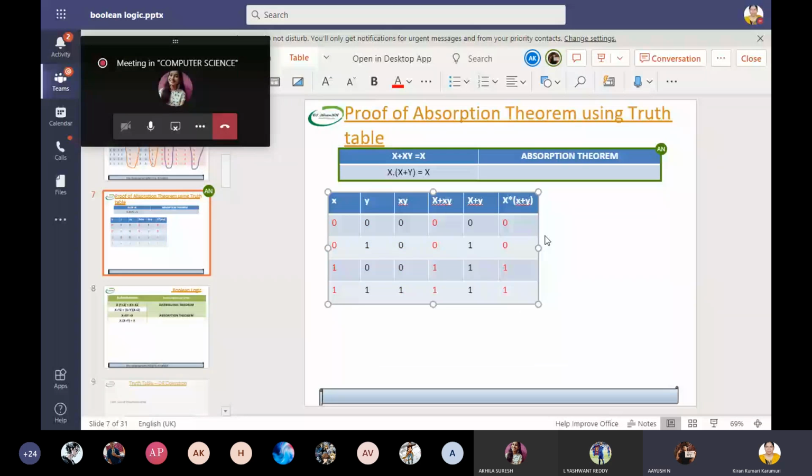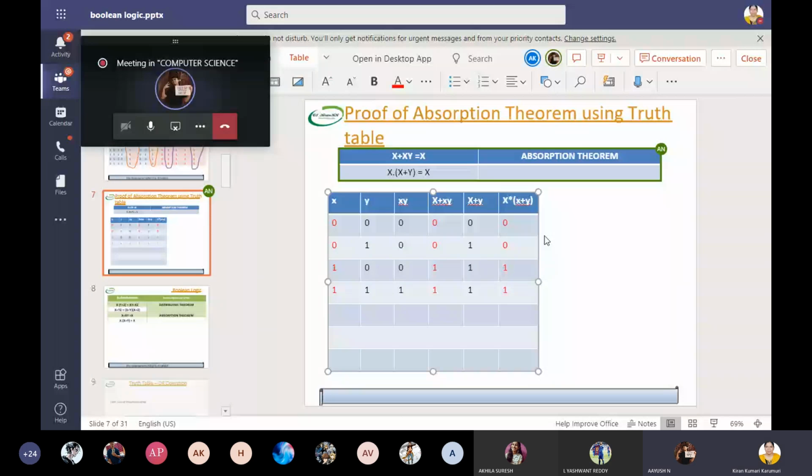Both are there, ma'am, the red part. LHS and RHS, right? Yes, ma'am.